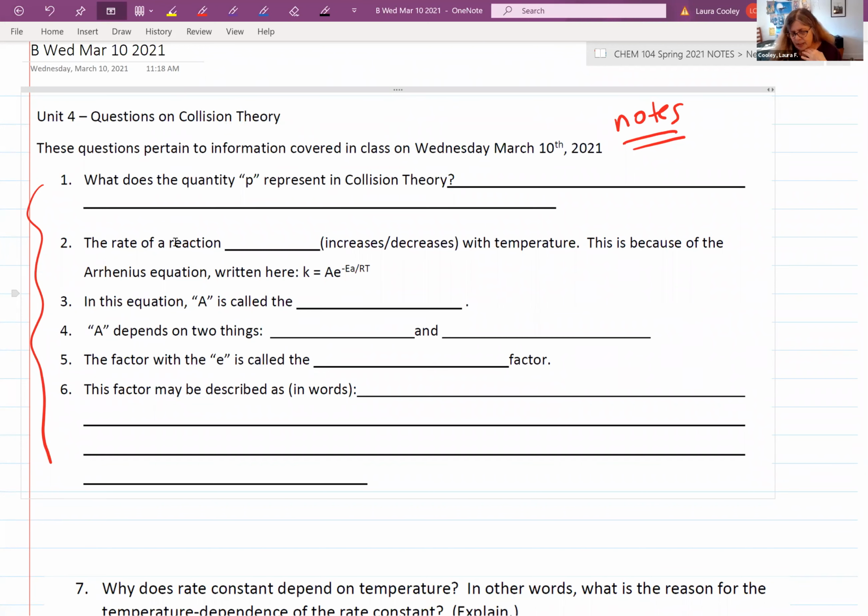But if you have a question next time about a particular question here, I would rather address it that way than go over all of them. So I will post the solutions and I will address any individual questions about individual problems you have.